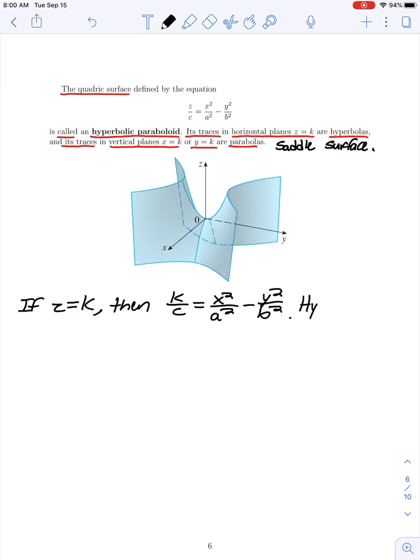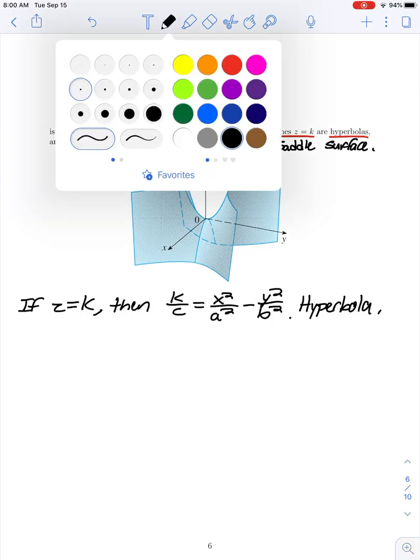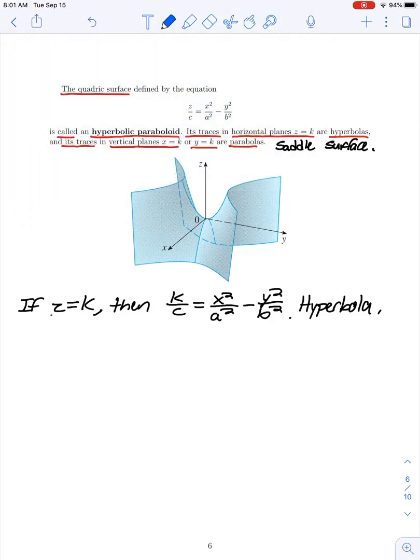We would recognize this as generally being the equation of a hyperbola, where a difference of 2 quadratics is equal to some fixed constant. So let's look at these traces here. If we're assuming that c is positive, and we have a positive value for k, then the left-hand side of our equation would be positive.